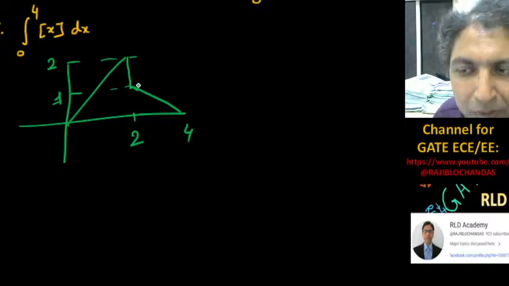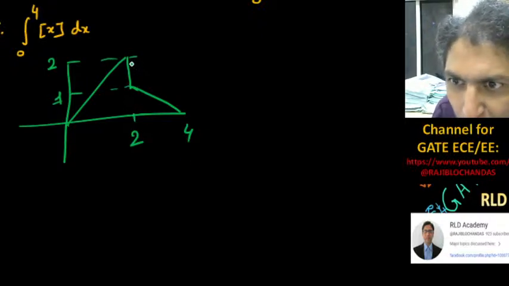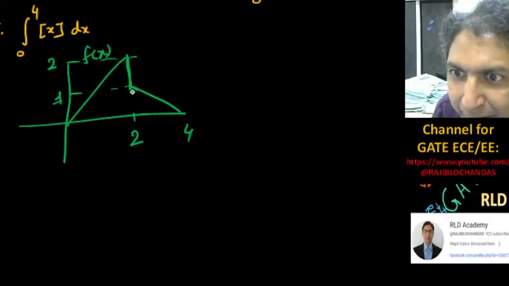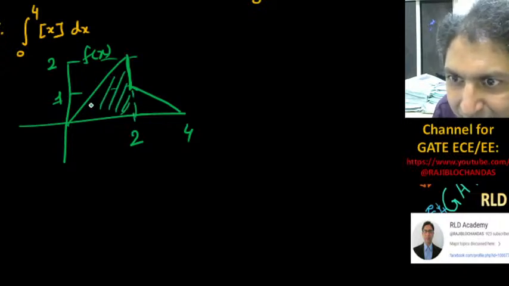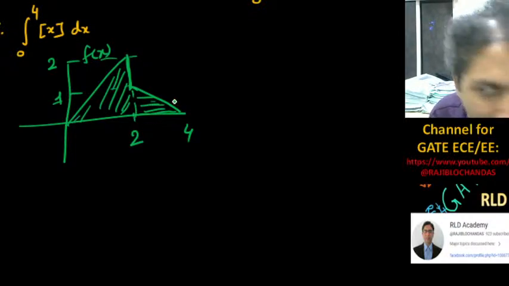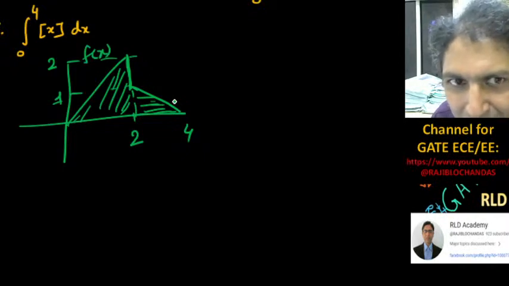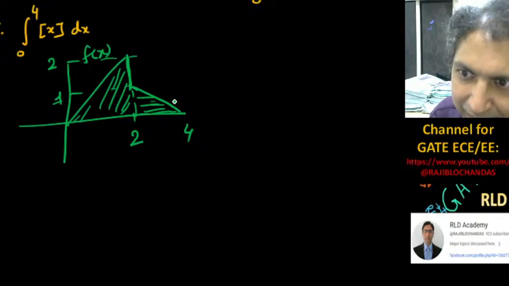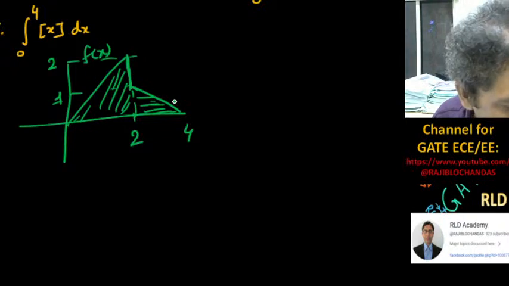Clearly it shows that at 2 it is not continuous, suddenly it is changing. This function f of x is changing from 2 to 1 suddenly, but we can consider the area of this one and the area of this one, and add these two together. I have no issues at all. It's not necessary that the function should be continuous at all points to find the area. So area we can compute piecewise and add it. Is it clear?